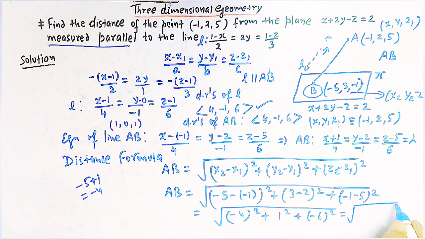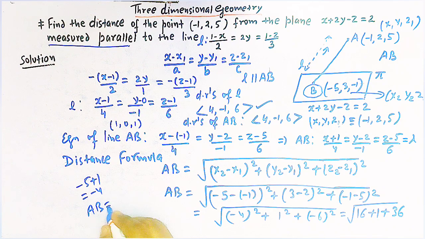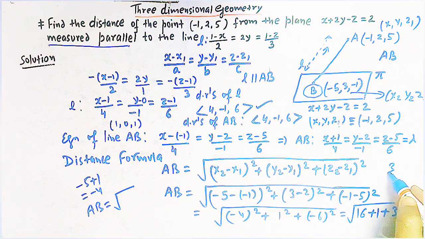So we have here (minus 4) square is 16. Here we have 1 and here (minus 6) square is 36. So this distance AB is now equal to the square root of 16 plus 1 is 17, and 17 plus 36 is 53.